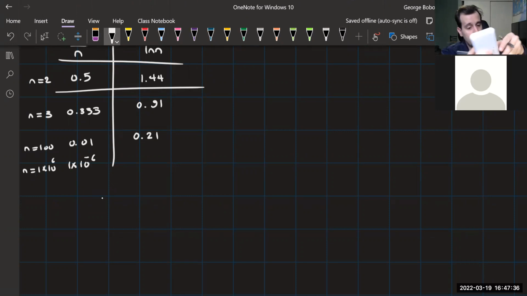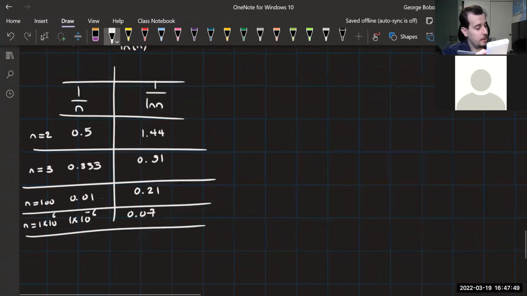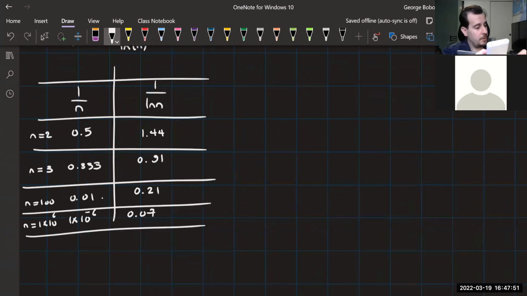I'll do this last one for you as well: 1 over ln of 10 to the 6 is 0.07. At any value of n I try, that is always bigger. So 1 over n is the smaller series, correct?